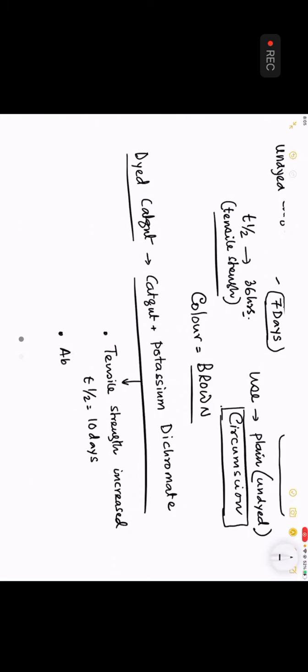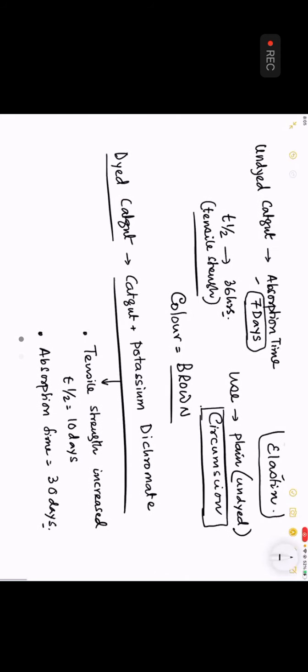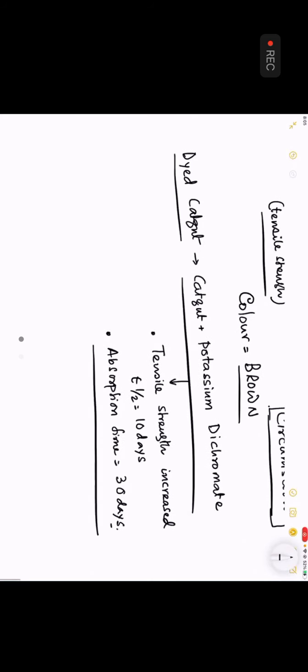The absorption time is now 30 days on average. So please remember that the tensile strength half is 10 days, and the absorption time is 30 days. The color of a dyed catgut is deep brown.